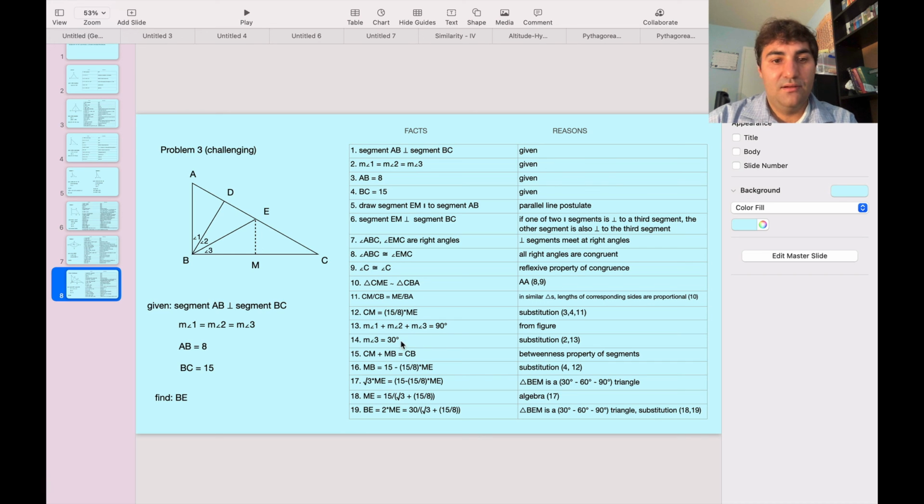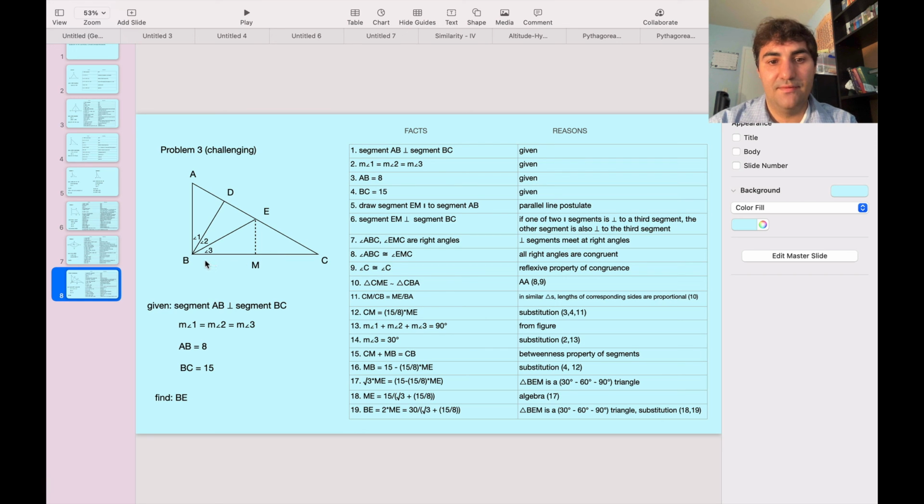Now, I already said at the beginning that all of these angles add up to 90 degrees, right? So the measure of angle 3 is going to be equal to 30, right? Well, this is 30 degrees, and this is 90 degrees, right? So in other words, we're dealing with a 30-60-90 degree triangle in triangle BME, right? So at this point, I'm going to use the betweenness property of segments. The length of CM plus the length of MB is equal to the length of segment CB.